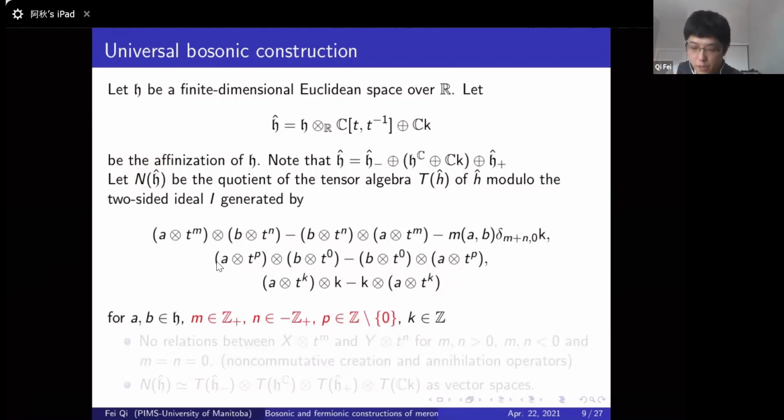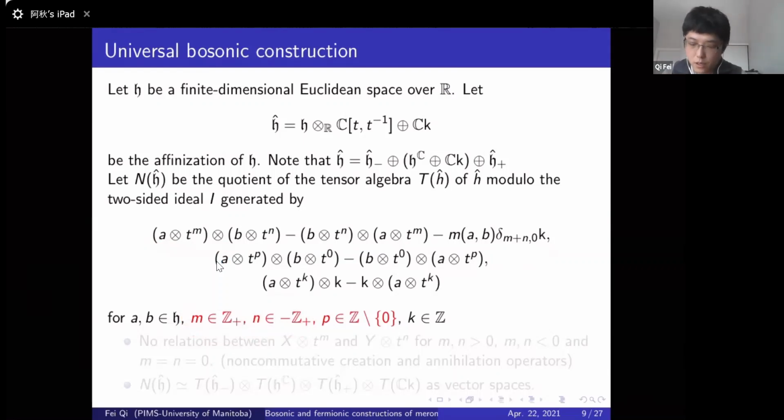First, in the first set of relations, you see that this is very similar to the Heisenberg relation, but then something is missing for our definition, because we require that m has to be positive and n has to be negative.